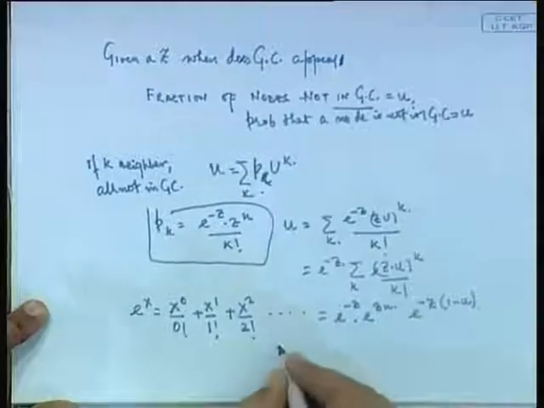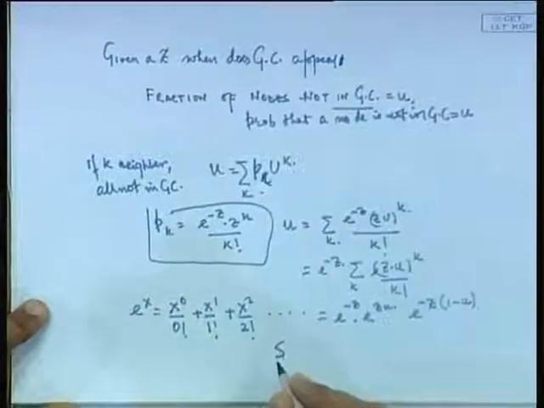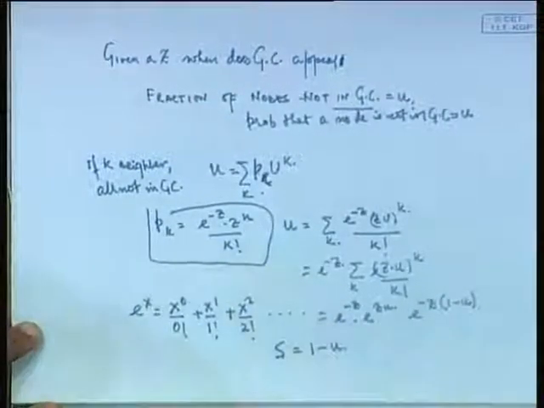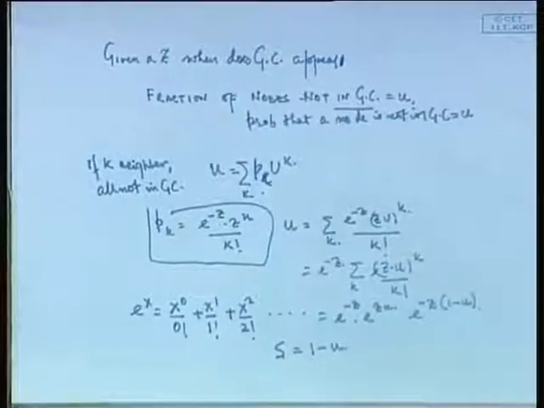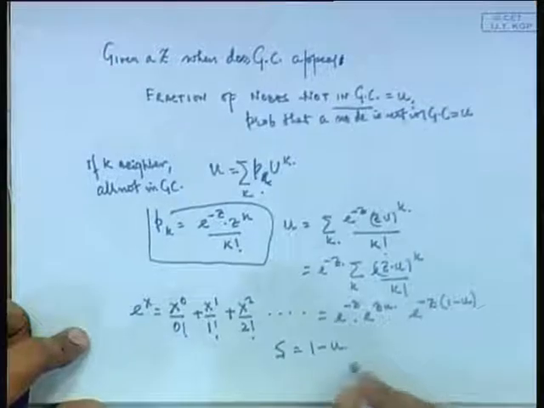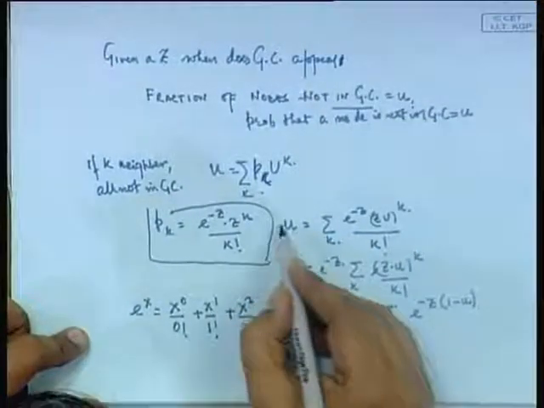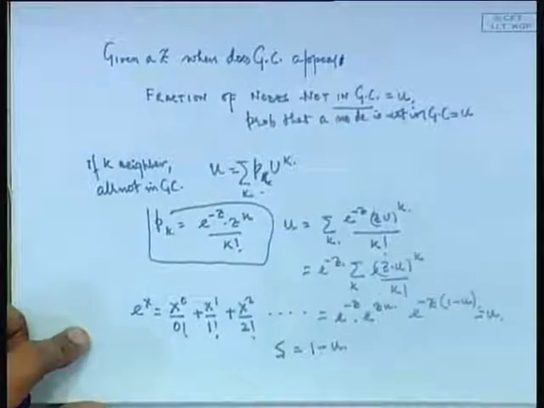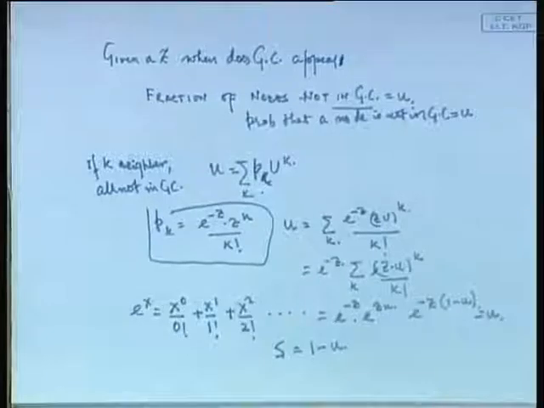Then what is S? If S is the size of the giant component, S is 1 minus u. So, we can write this equation. See, u is the fraction of nodes not in the giant component, then S is the fraction of nodes in the giant component.